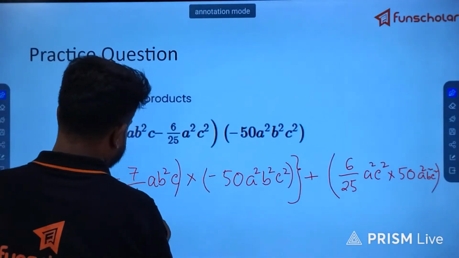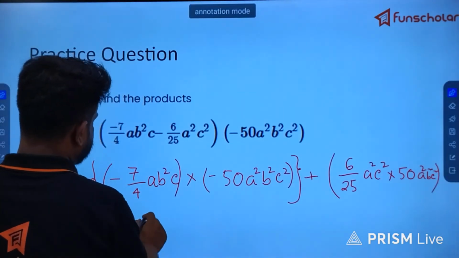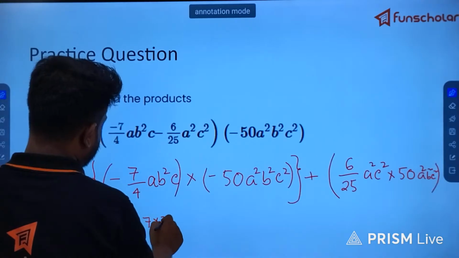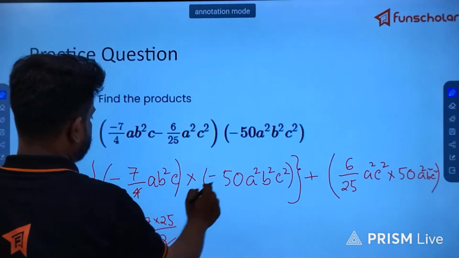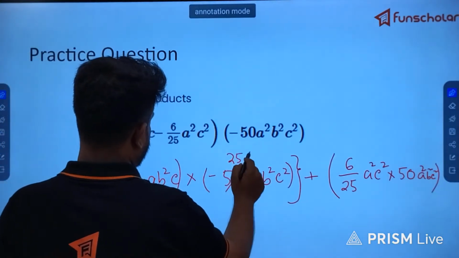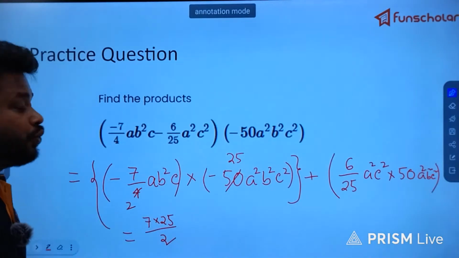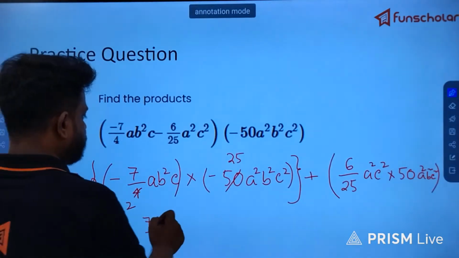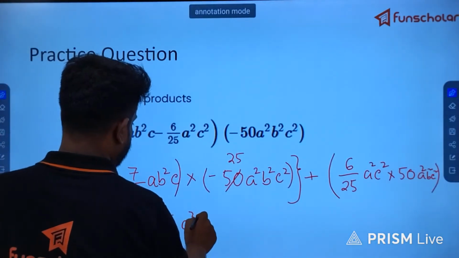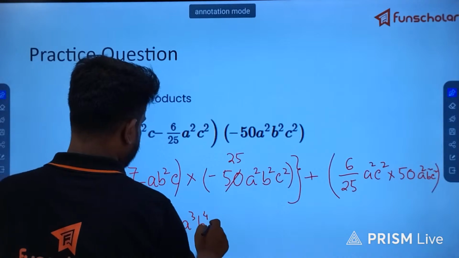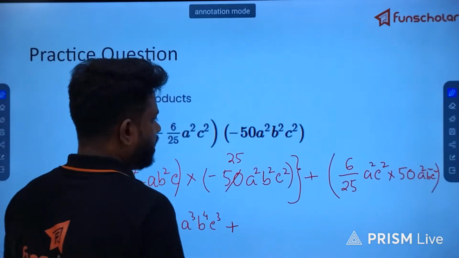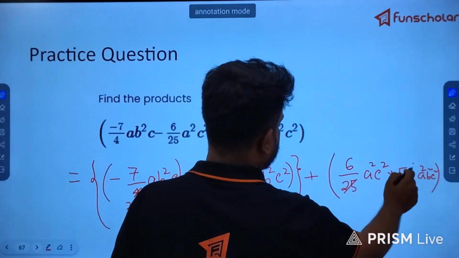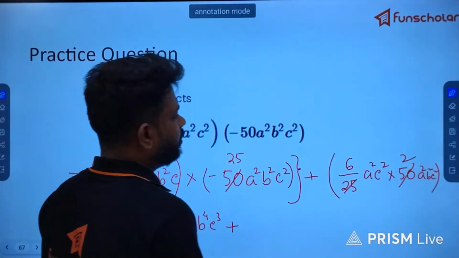taking it as 7 by 4, it will be 7 into 25 by 2. Why? Because 2 2s are 4 and 2 25s are 50. So it will be a cube b to the power 4 c cube plus 5, 50 and 25 can be cancelled out and it will be 2.